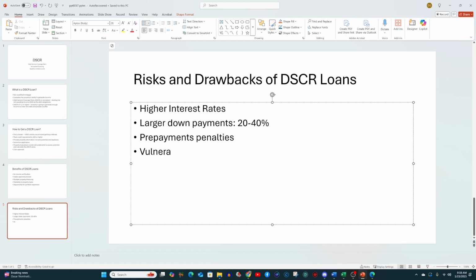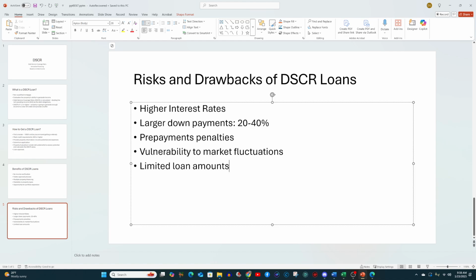Vulnerability to market fluctuations. If the rental income decreases due to market changes or vacancies, then you may struggle to meet loan obligations. Limited loan amounts. DSCR loans typically have a maximum loan amount, which may not be suitable for extremely expensive properties.